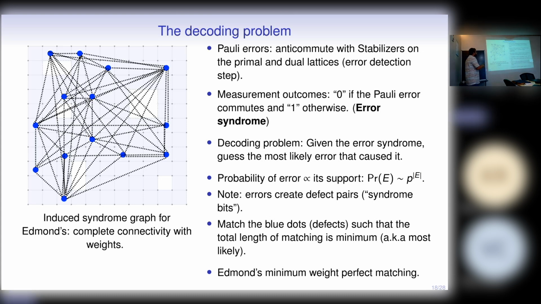Because we know that the number of edges is actually n squared for n vertices, we can say it's polynomial in n. But it's not a great polynomial, it's n raised to 6. Which means if we had a massive surface code and say 100 different pairs of defects, it will take time proportional to 100 raised to 6.